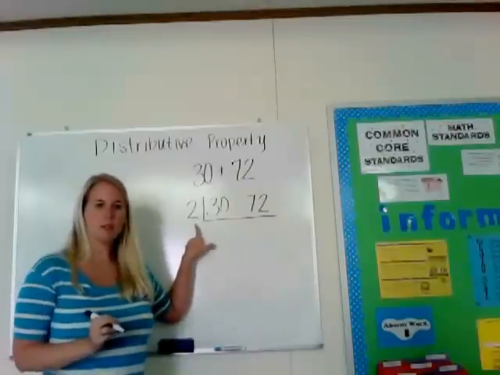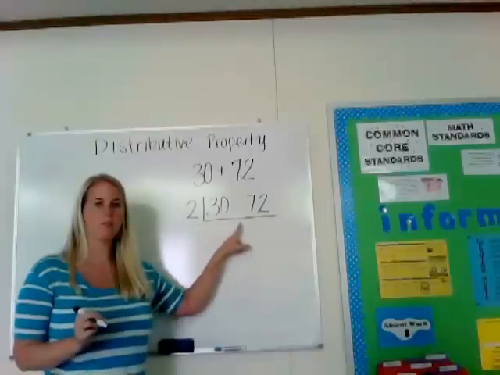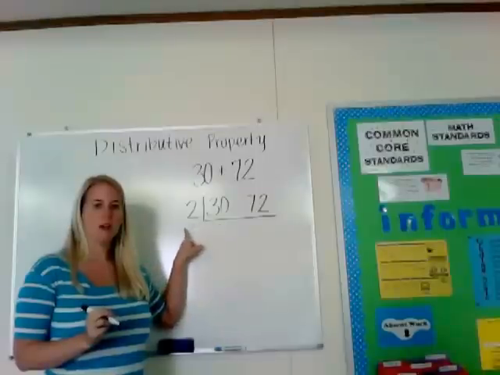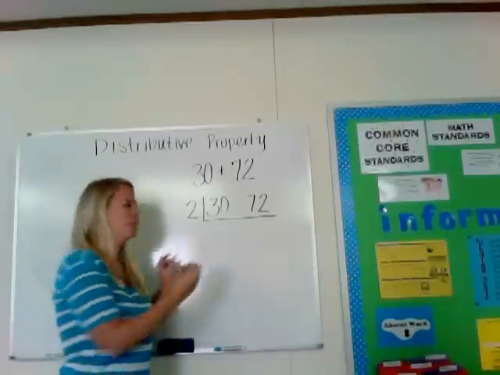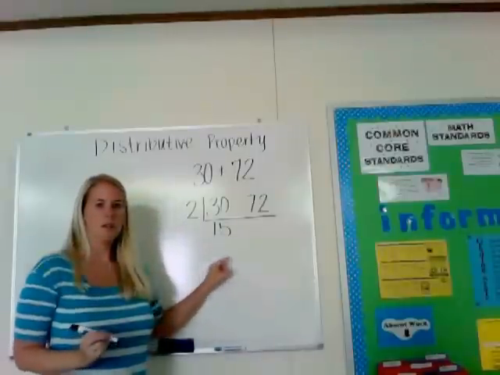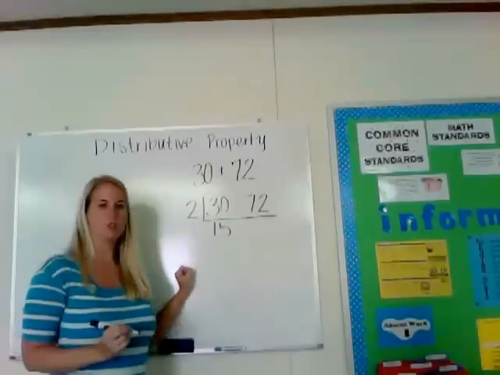The 2 goes on the outside of the ladder. We then have to divide both of the numbers on the inside of the ladder by the number on the outside. 30 divided by 2 is 15. 72 divided by 2 is 36.